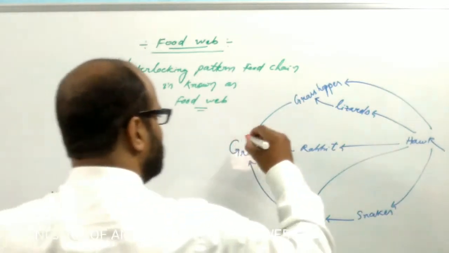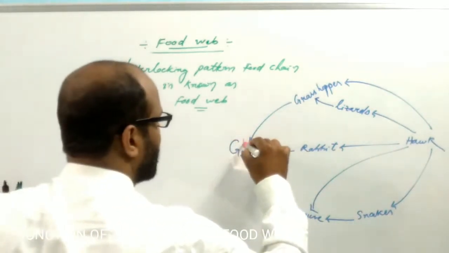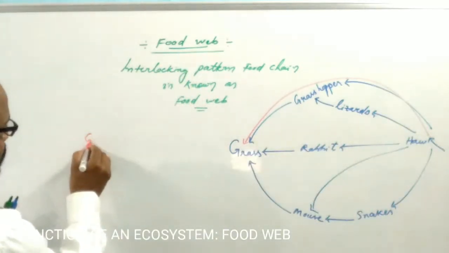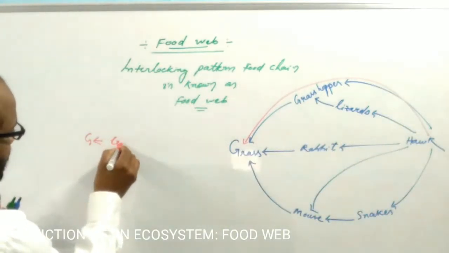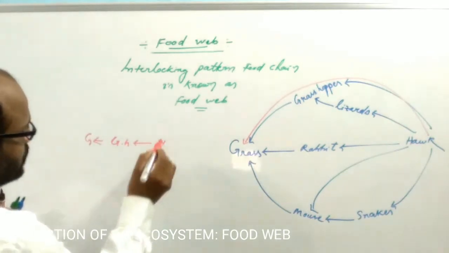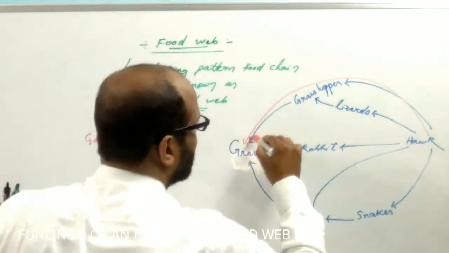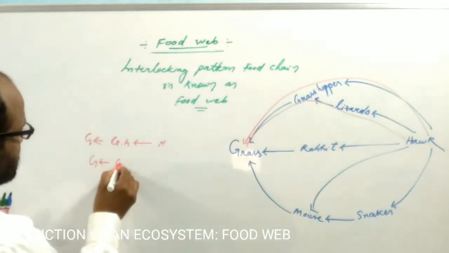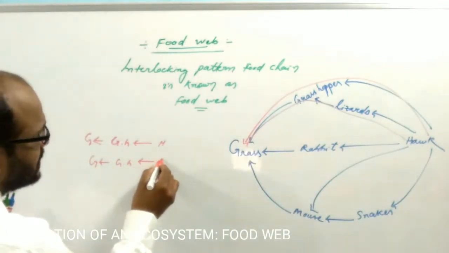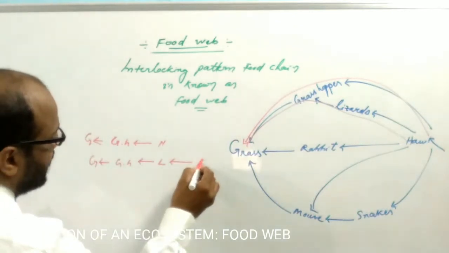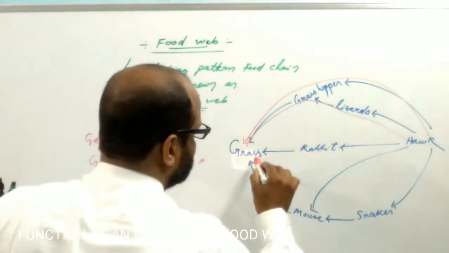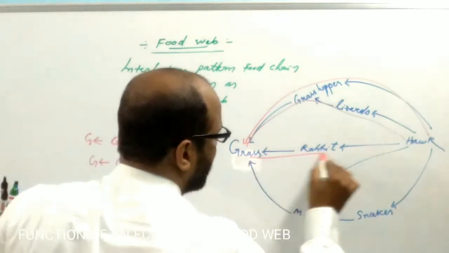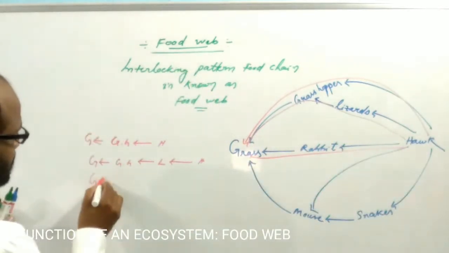If you observe, the first is grass, grasshopper, and the fox. The second may be grass, grasshopper, lizard, and fox. There may be another sequence of the food chain: grass, rabbit, and the fox.